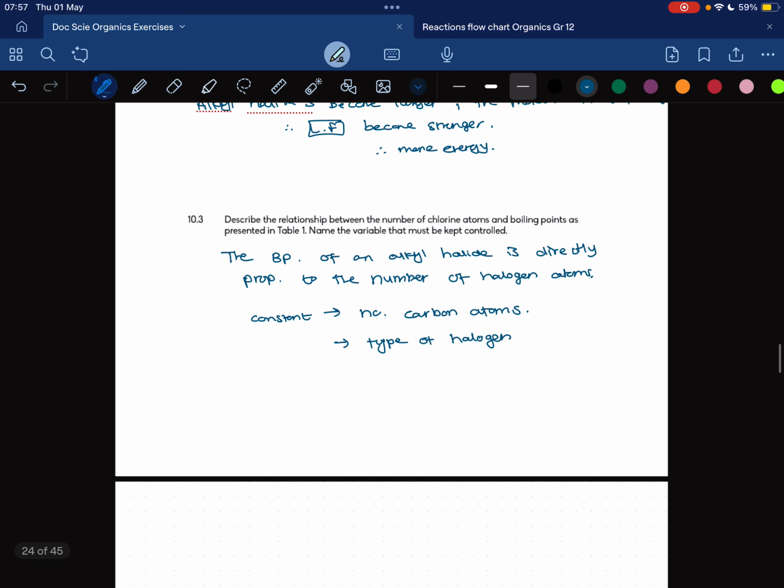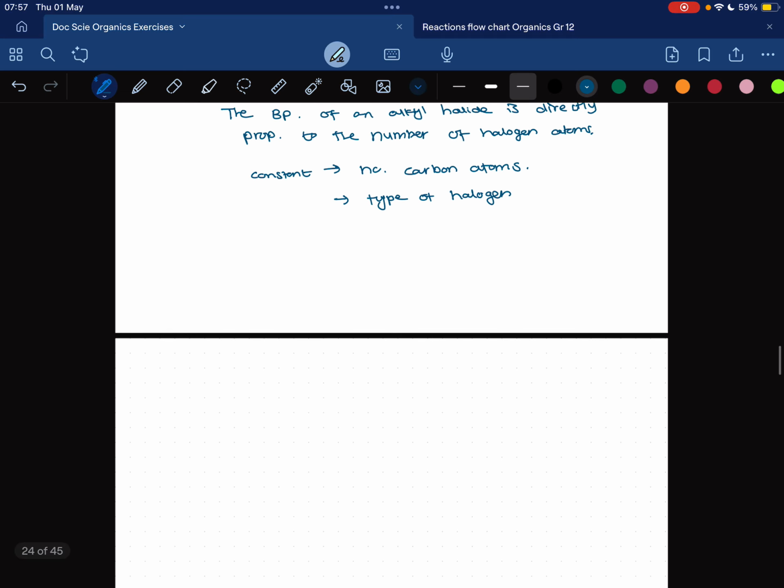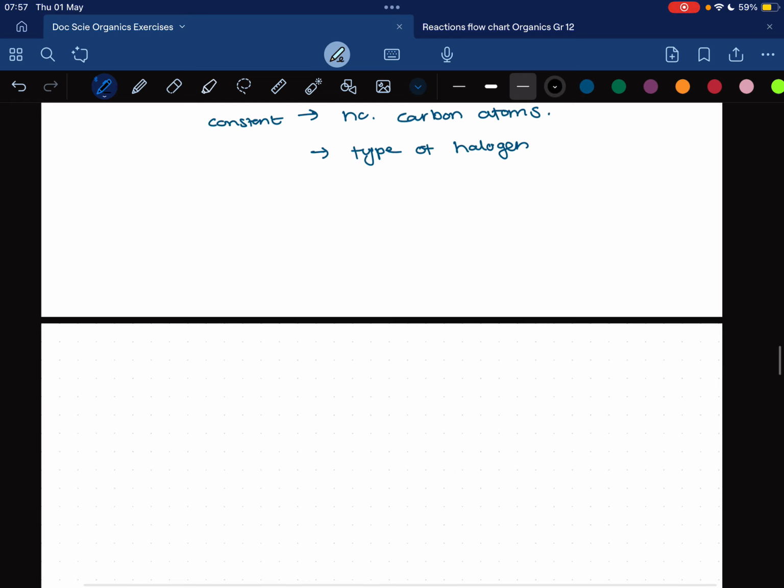Okay, so moving on, you can write the date, and the heading is now going to be organic reactions.